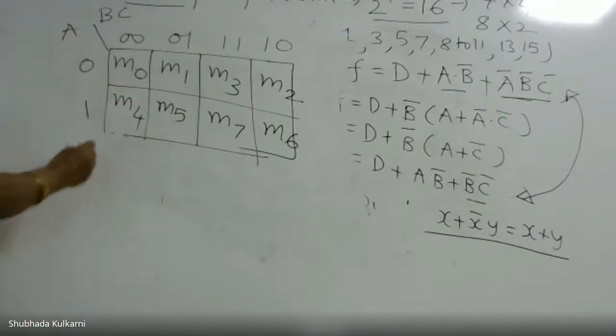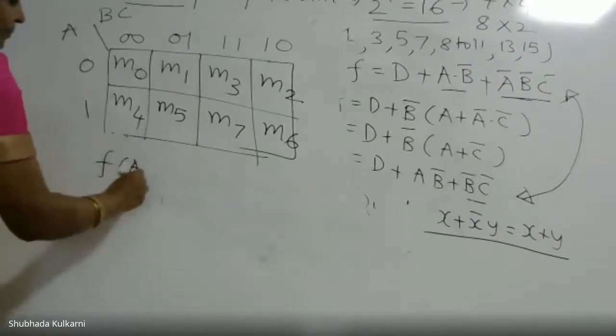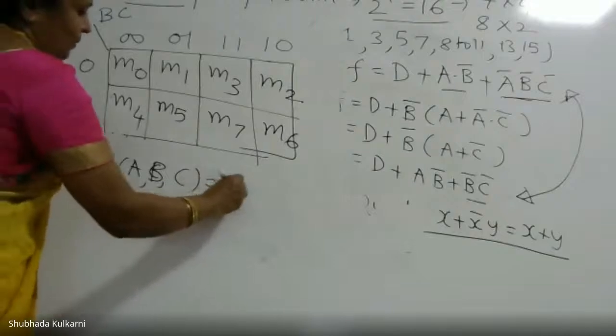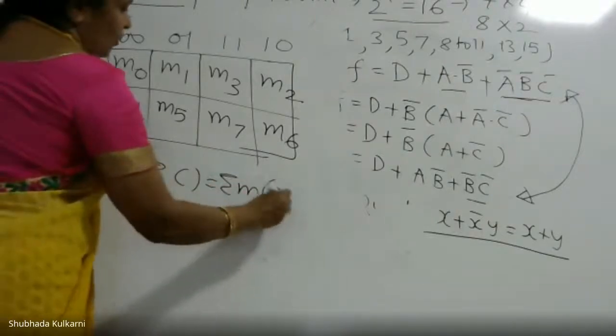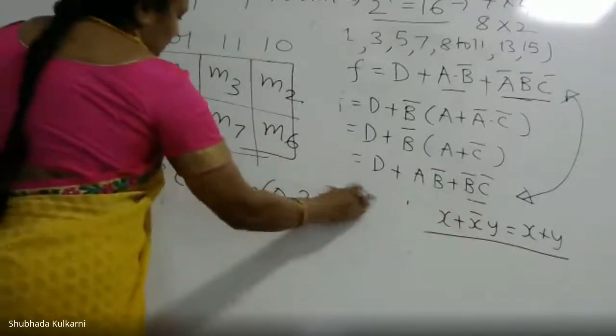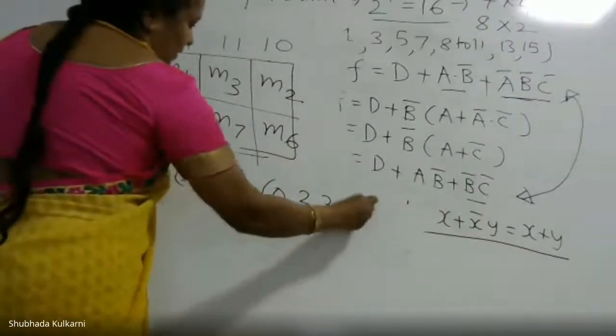Now, if I say f of ABC equals the sum of min terms 0, 2, 3, then 6.